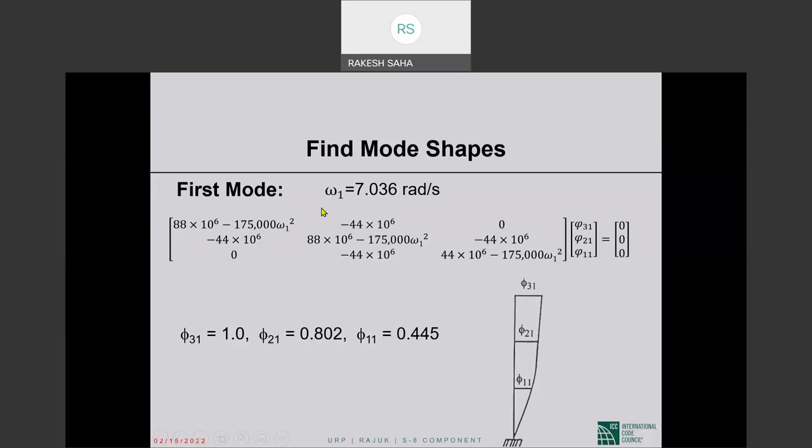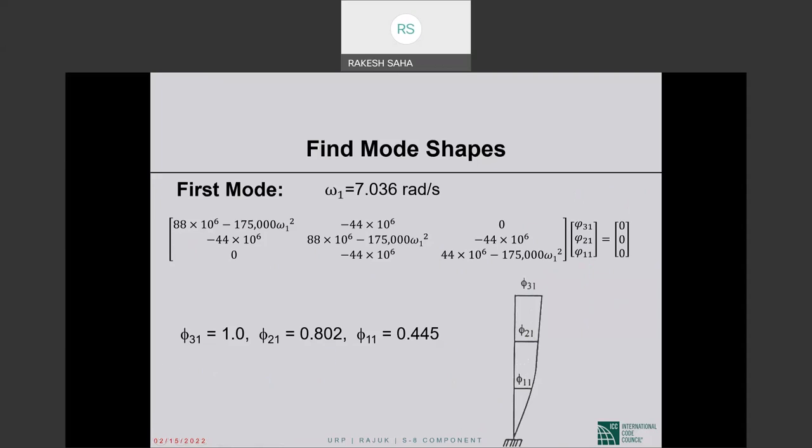Now in this calculation, we have written the K minus omega squared M matrix with omega equal to omega sub 1. Then the matrix of amplitudes becomes the first mode shape vector. When we solve these equations, this matrix times this vector equal to null vector, we get the first mode shape as shown here.